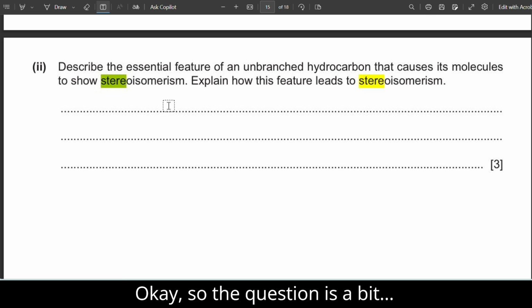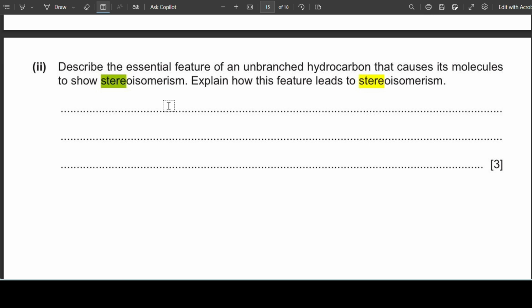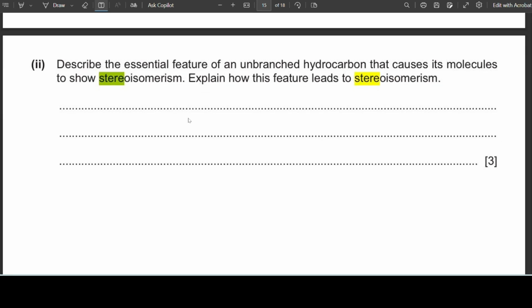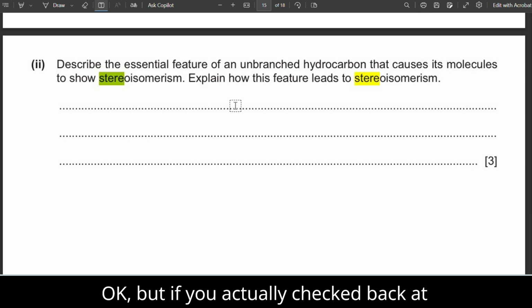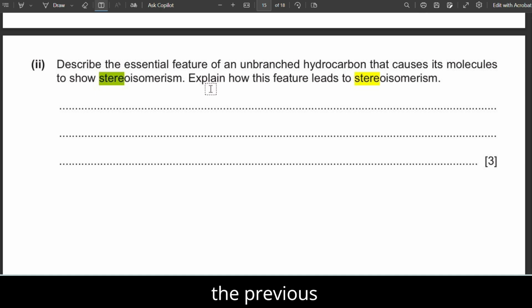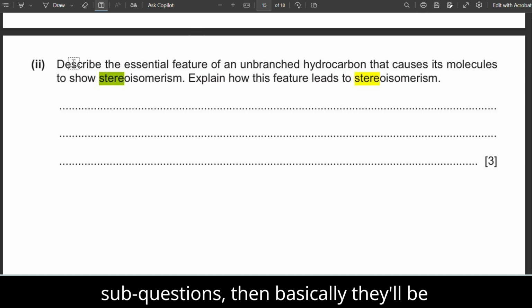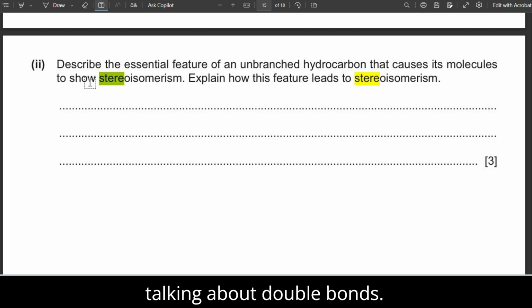Okay, so the question is kind of incomplete here. But if you check back at the previous sub-questions, they'll be talking about double bonds.